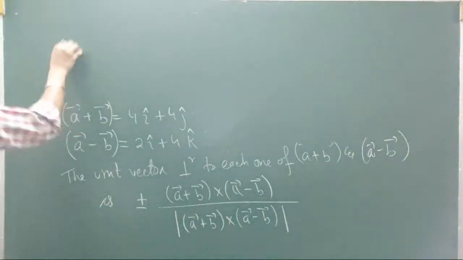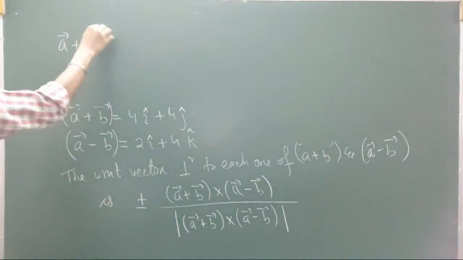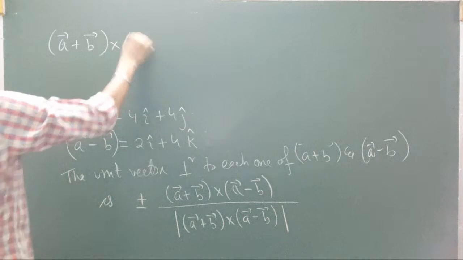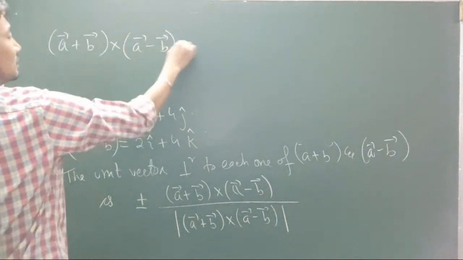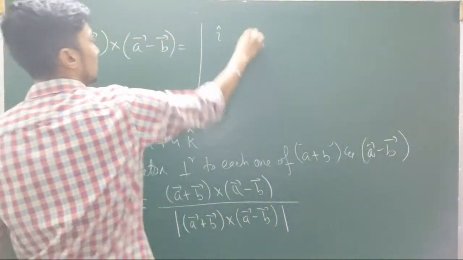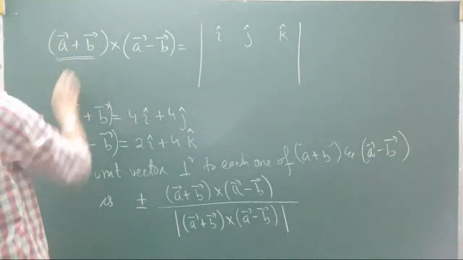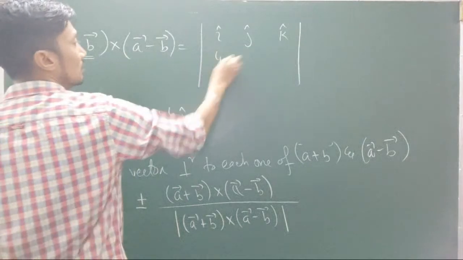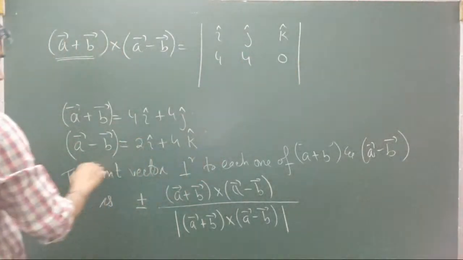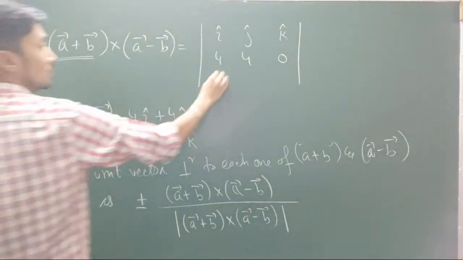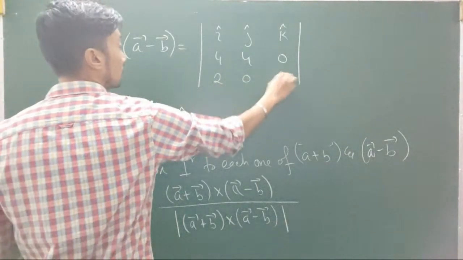This vector cross the other vector would be, as usual, write down i, j, k, and write down the coefficients of this vector first. What is this vector? 4, 4, 4, no k cap. Then A minus B is 2, 0, 4.